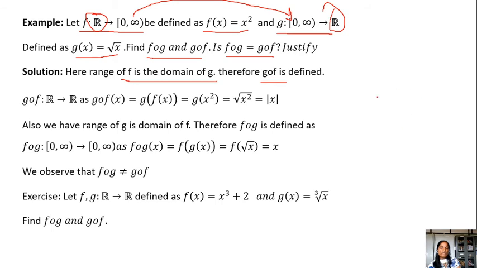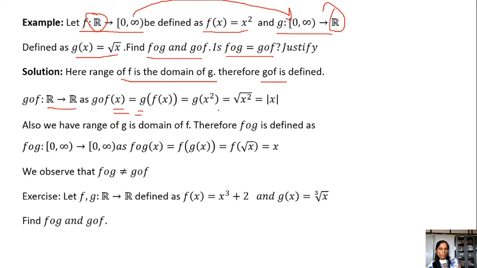Again, range of g is contained in the domain of f, and therefore you can define f composite g also. We have seen the definition of g composite f. So g composite f will be a function from R to R, and it is defined as g composite f operating on x is g outside, then f operating on x.